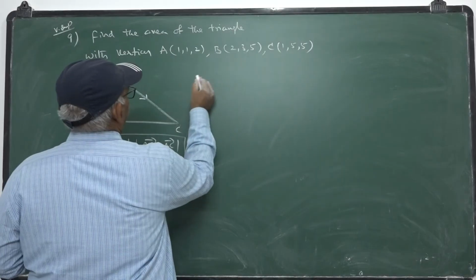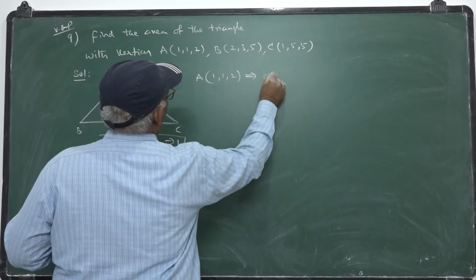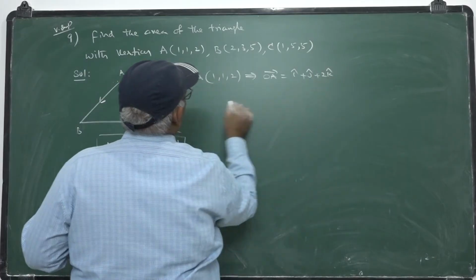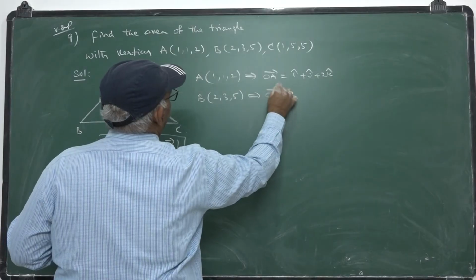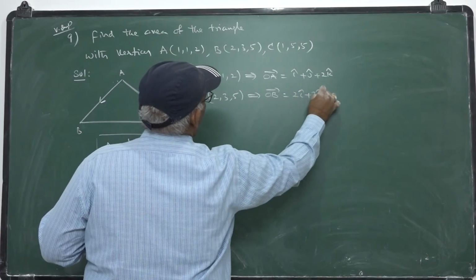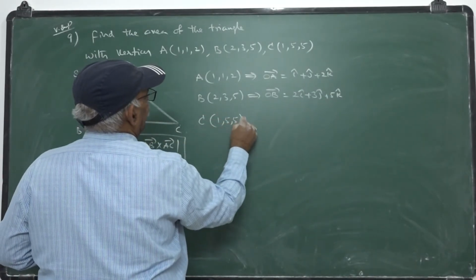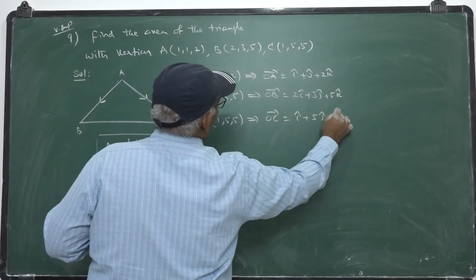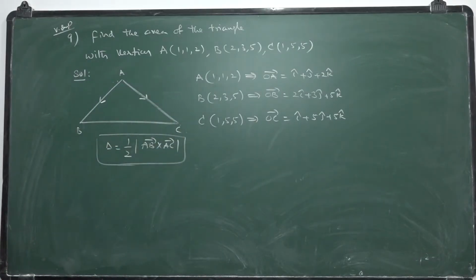So A is (1, 1, 2), which implies OA bar, its position vector, is i plus j plus 2k. B is the point (2, 3, 5), so its position vector is 2i plus 3j plus 5k. C is (1, 5, 5), so OC bar equals i plus 5j plus 5k. The position vectors of the given vertices are respectively OA bar, OB bar, OC bar.